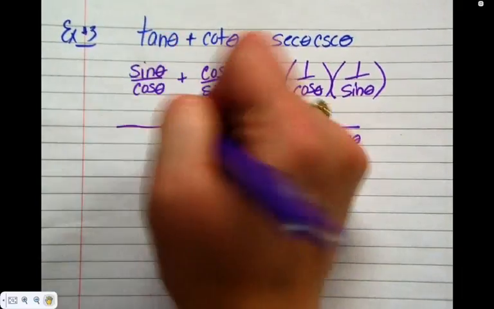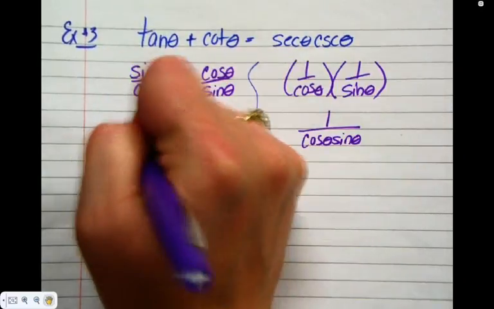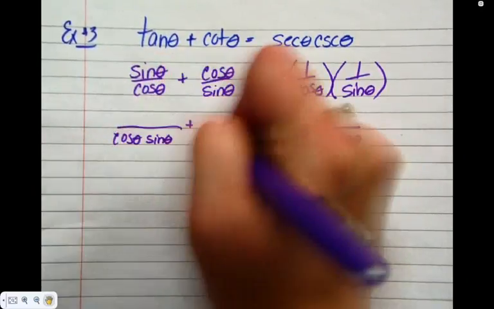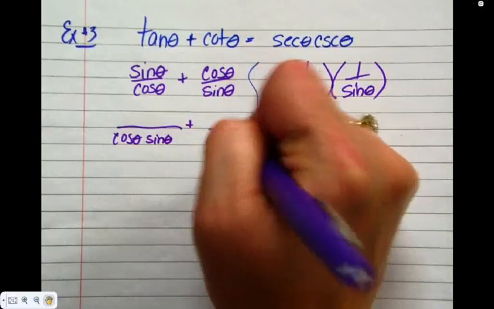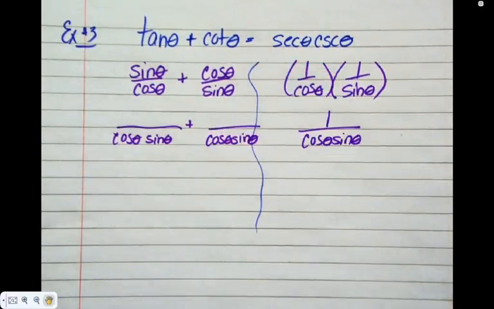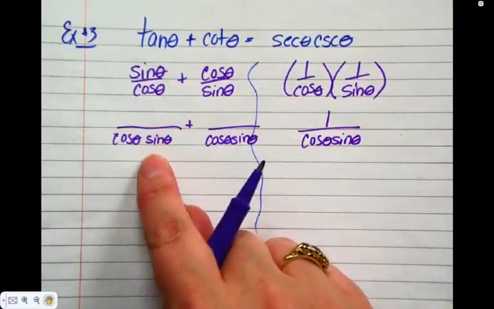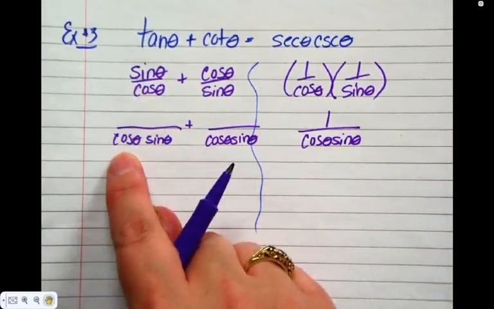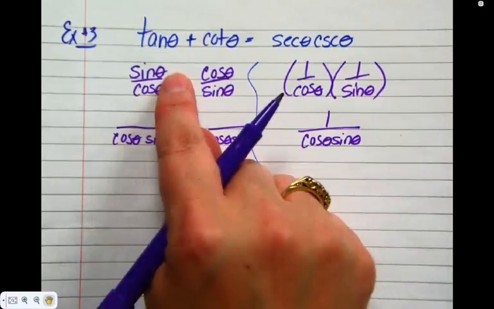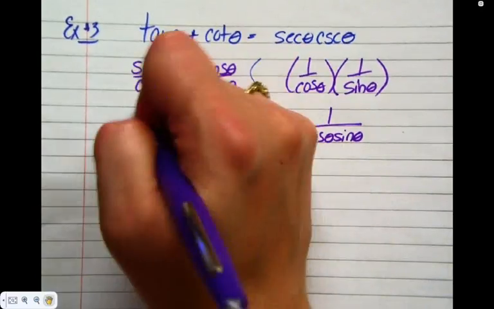Sine, cos, however you want to order it. Just remember the order doesn't matter because 3 times 4 is the same as 4 times 3, so it doesn't matter which one you put first. Now in our heads we go, how did I go from a cos to a sine cos? What did I multiply cos by to get sine cos? Sine, so the top, sine times sine.